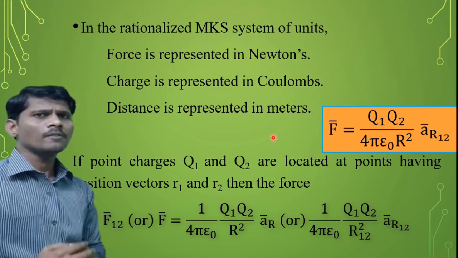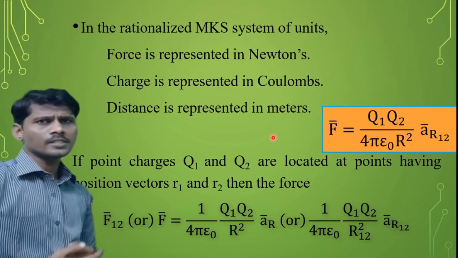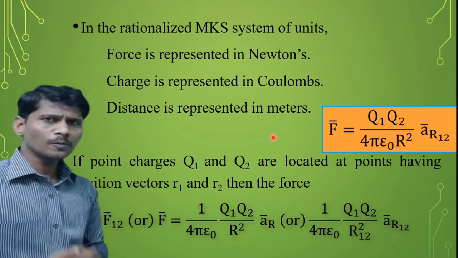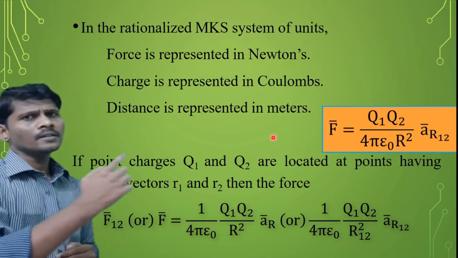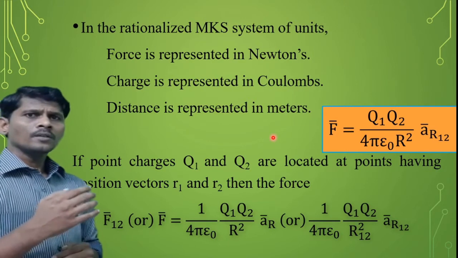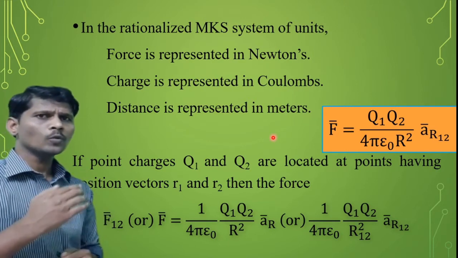If the point charges Q1 and Q2 are located at points having the position vectors R1 and R2, then the force F bar is equal to the magnitude of the force along the direction. What is the K value? The proportionality constant K is 1 by 4 pi epsilon naught.